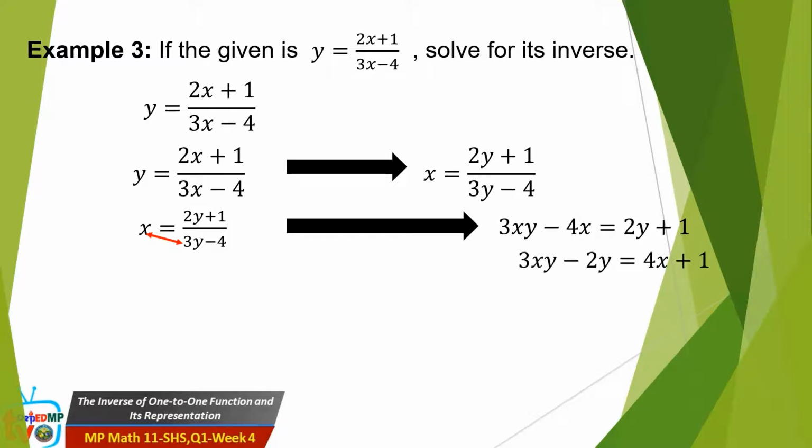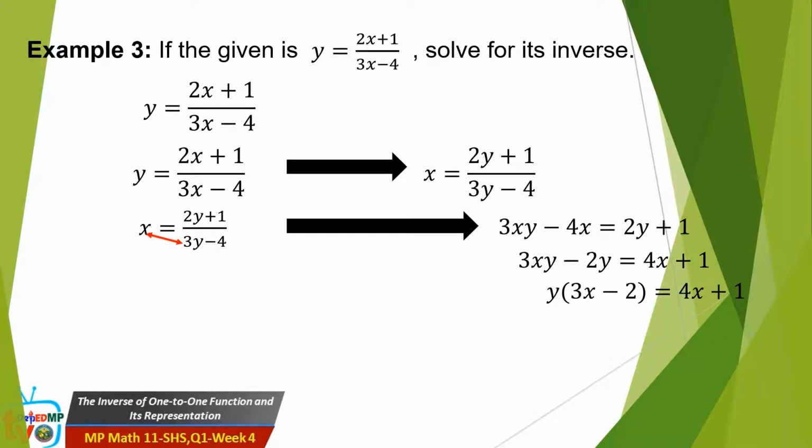And you have 3xy minus 2y is equal to 4x plus 1. To solve for y in terms of x, factor 3xy minus 2y, resulting to y multiplied by the quantity 3x minus 2, which is equal to 4x plus 1.